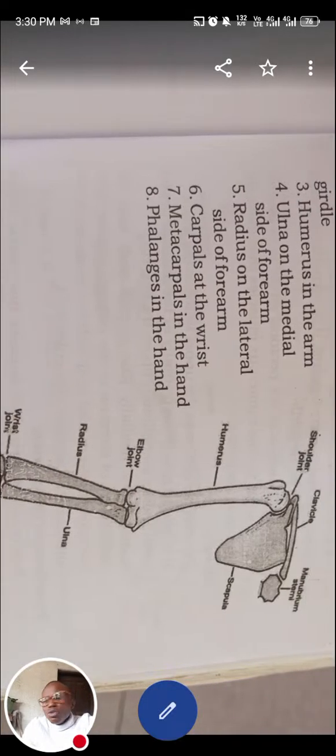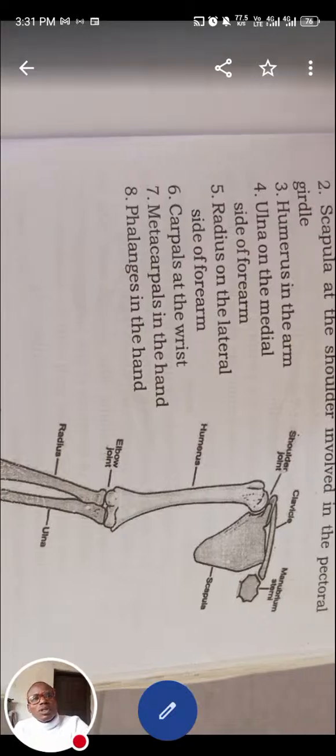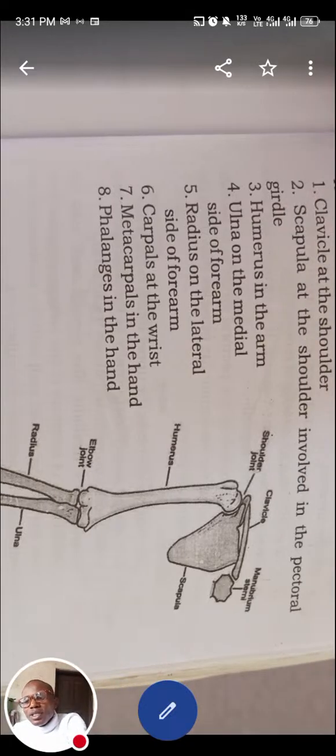So we're going to take note of some of these things. We've listed 8 bones. Say mnemonics. And outlined in the third one now. How many of them? 8, which are what and what? Clavicle, scapula, ulna.